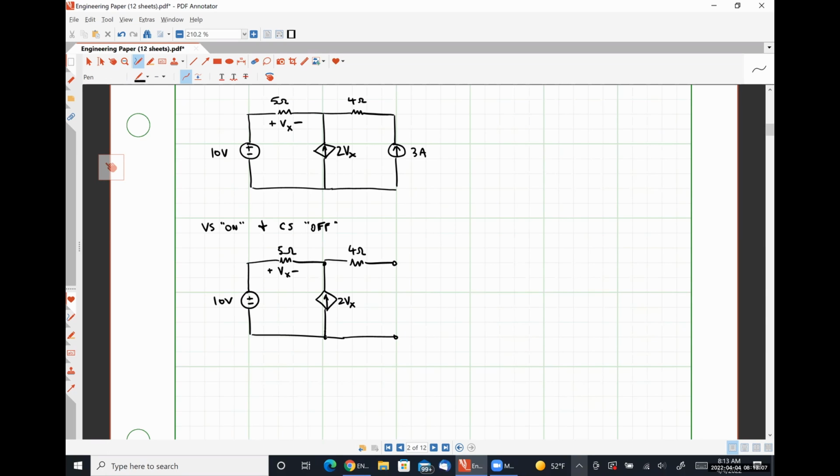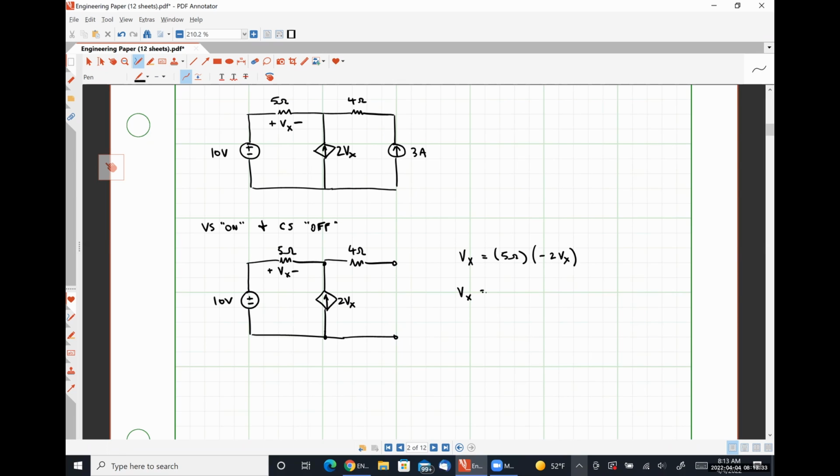This is a little difficult because of the current. The voltage drop Vx is going to be 5 ohms times the current flowing into the positive polarity terminal, which is negative 2 Vx.